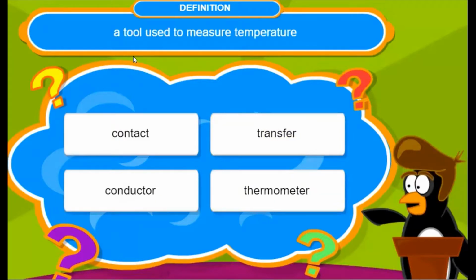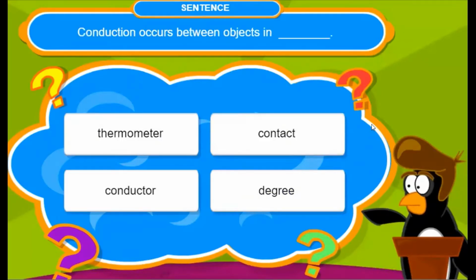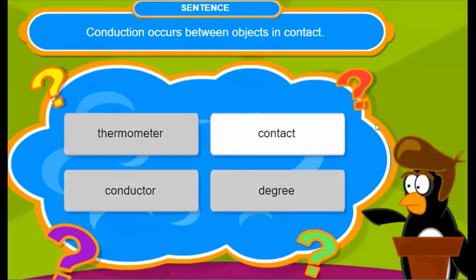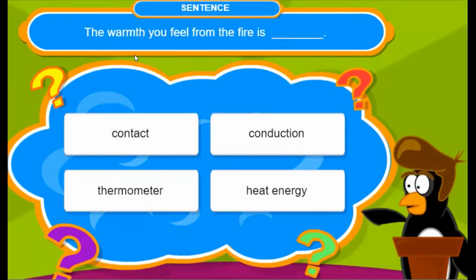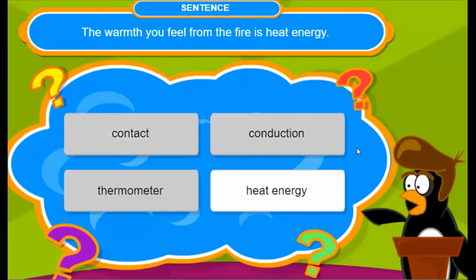Read the definition and choose the word that matches. A tool used to measure temperature. Yes, correct. You got it. Read the sentence Conduction and choose suffers the word between that objects fits. in contact. Yes. Read the To definition move and something choose from the one word place that to matches. another. Transfer. You got. Read the The sentence and warmth choose you the feel word from that the fire fits. is heat energy. That's right.